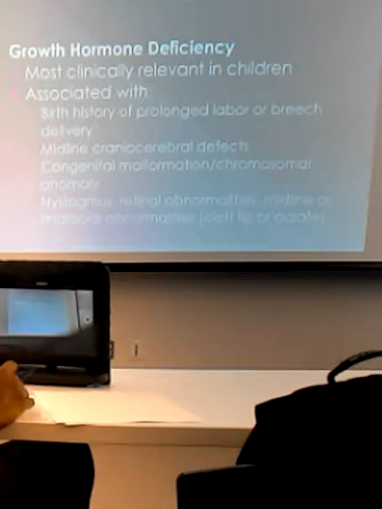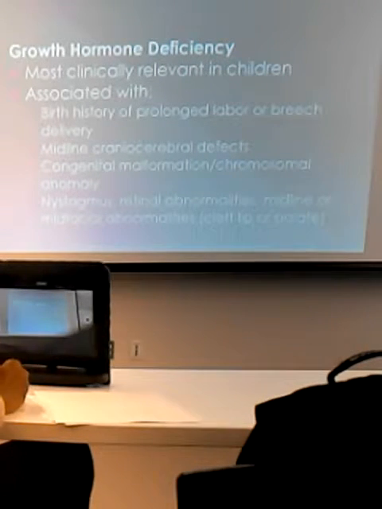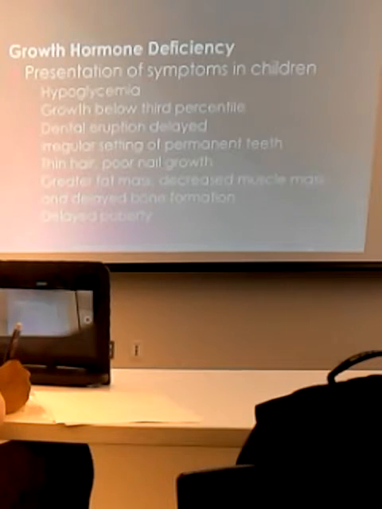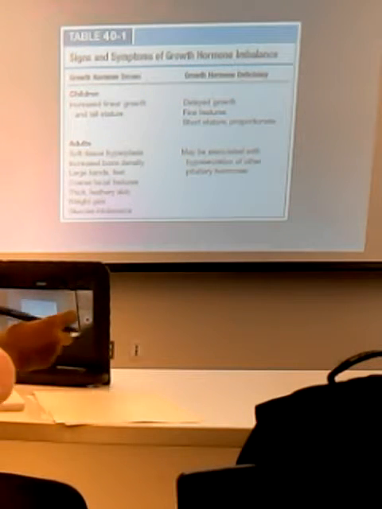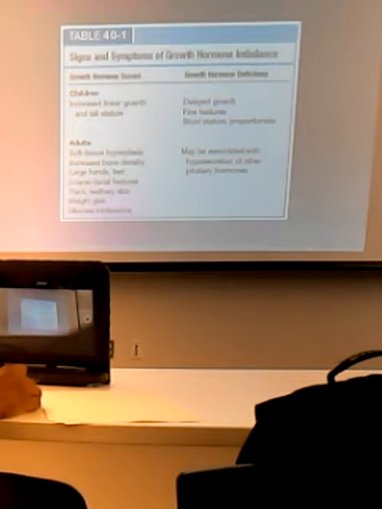So, prolonged labor, breech delivery, what's the problem there? Contractions on the head, right? So, cranial vault issues. Same thing. You don't need to know this slide. We're going to look at a couple of things from each category in a few seconds.